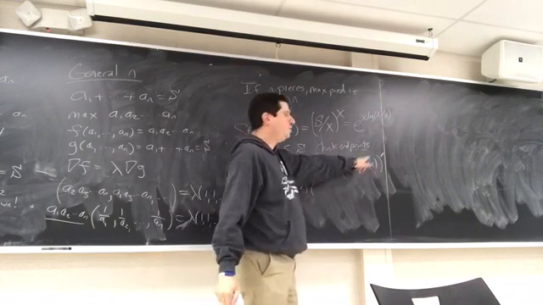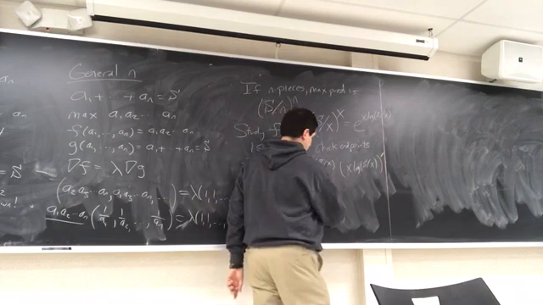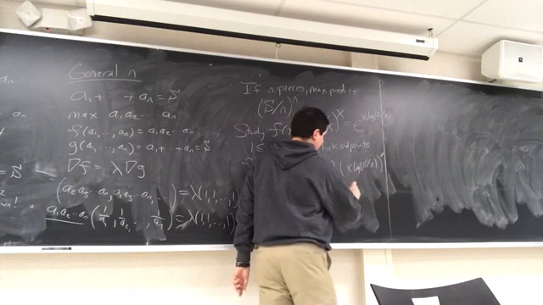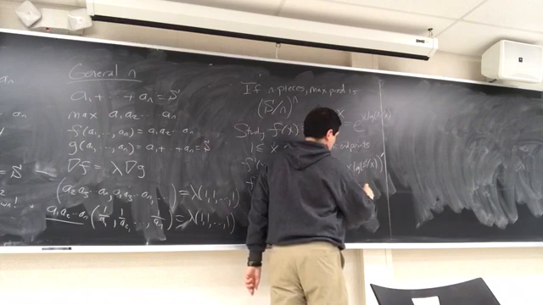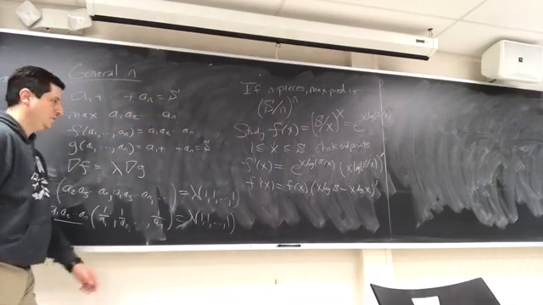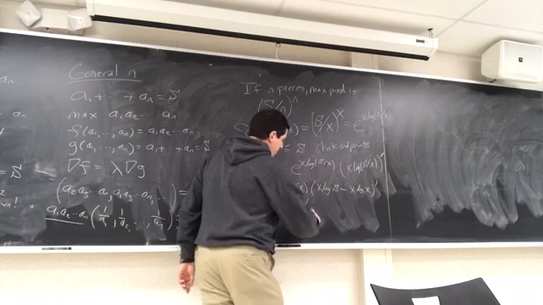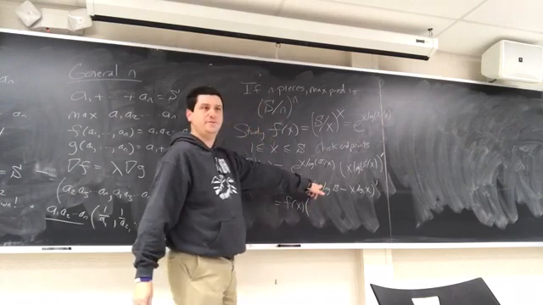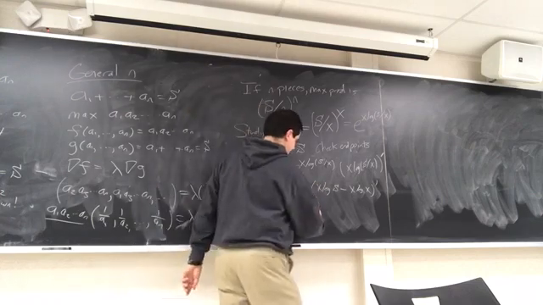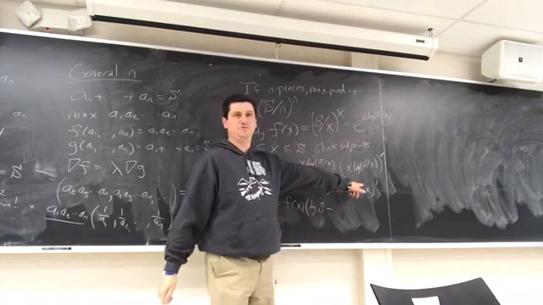The log of a quotient is the difference of the logs. This is x log s minus x log x, and take the derivative. So continuing, when I take the derivative, the first piece is just going to be the log of s. The second piece, I get to use the product rule.